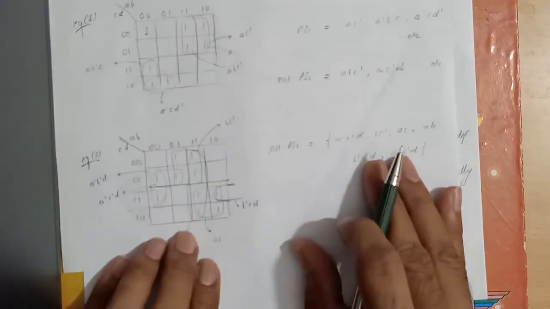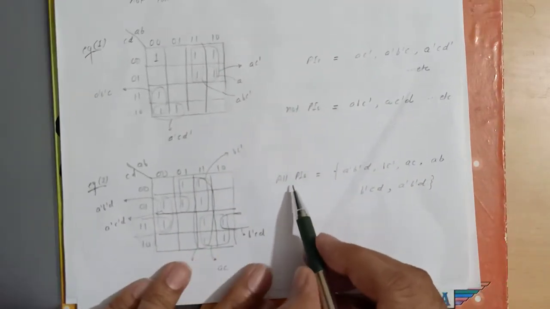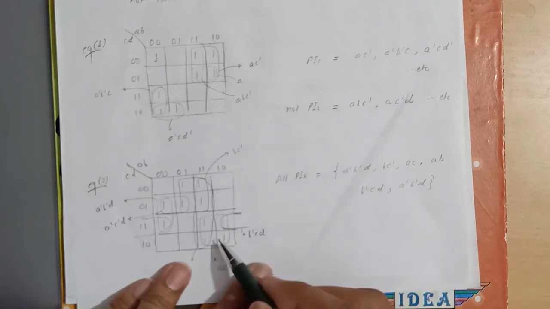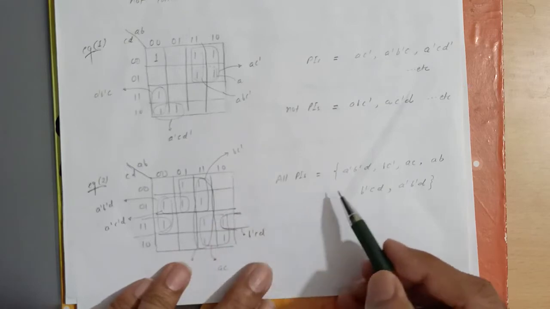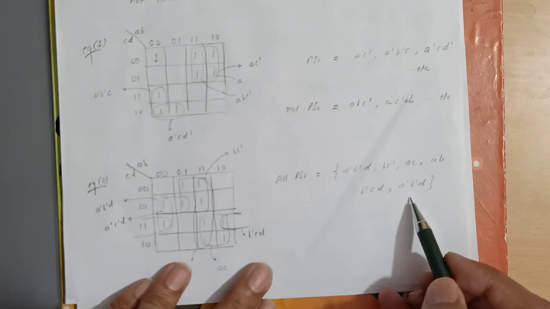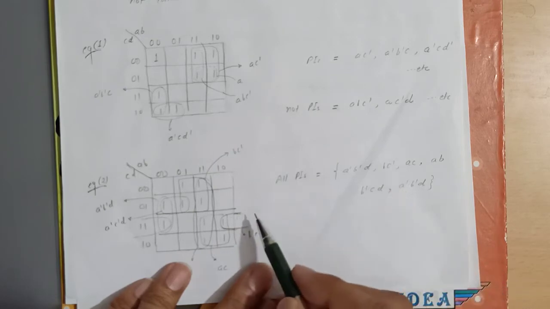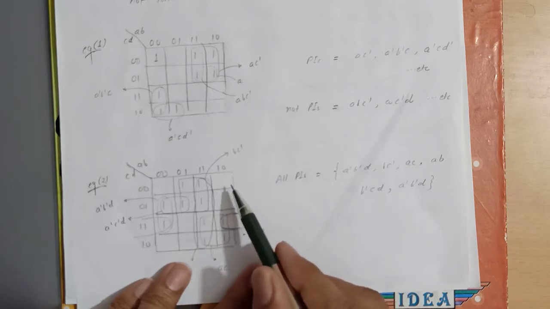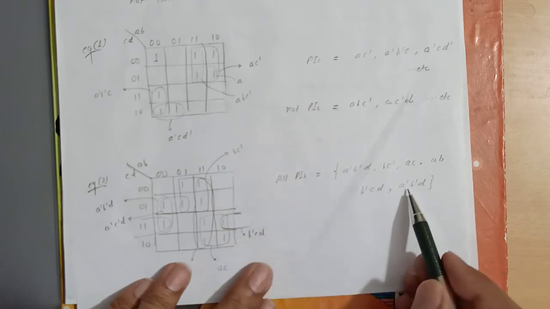So in general, we can find all the prime implicants of a given map, but whenever we solve a K-map, we generally don't find all the prime implicants. We have to follow a certain procedure to find the minimum expression for a given K-map, but we can find all the prime implicants.